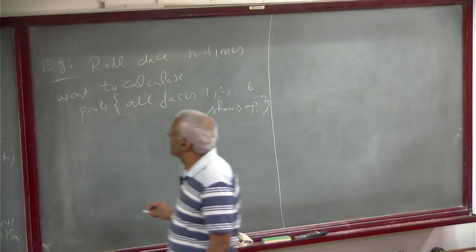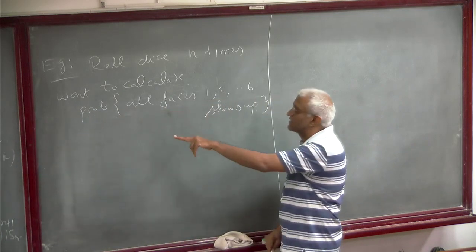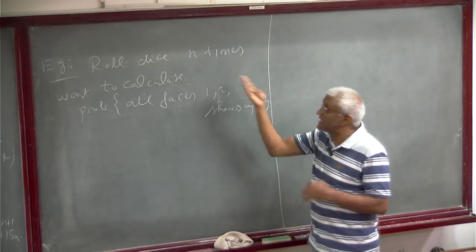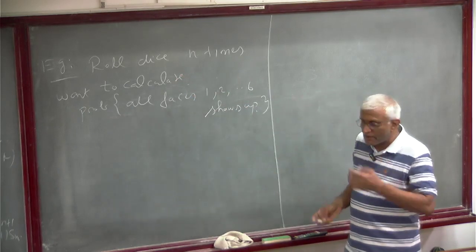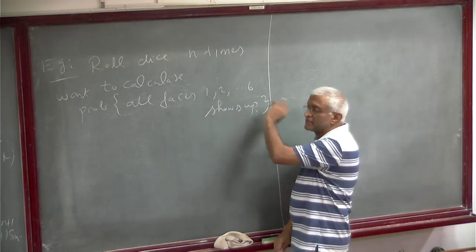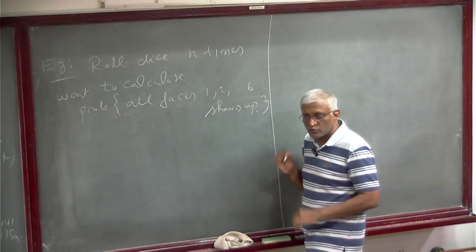So how do you find it? This is just the intersection of the events that each face shows up. You have thrown the die n times, and you want the probability that at least once each face shows up. All of them should show up.